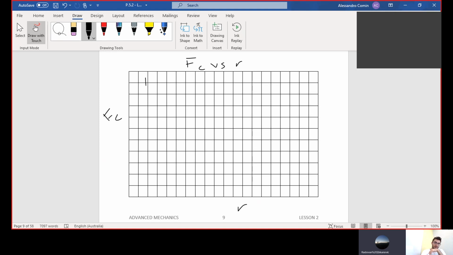Perfect. And this one would be a hyperbola. But do you remember the trick that we had if something was inversely proportional? Put a 1 over that thing. So it turns into F versus 1 on R. So we get the straight line.